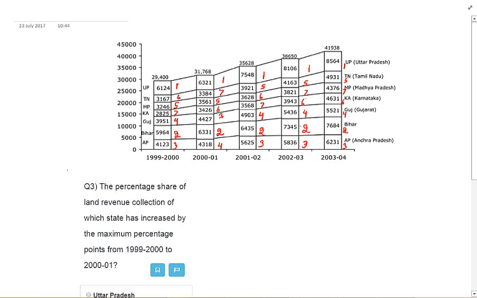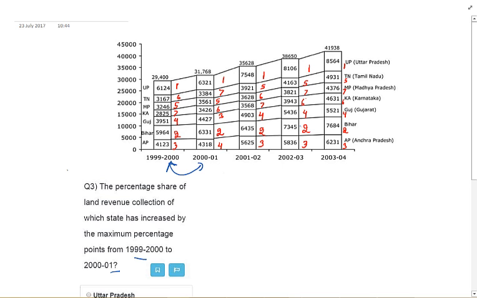Percentage share of land revenue collection of which state has increased by the maximum percentage? So between 2 years, which state has the maximum increase in percentage? Now here again, if you're a bit intelligent, you don't need to look at every one of them. One thing you definitely know is if some state has increased its ranking, its percentage share is more than the person who is above it.